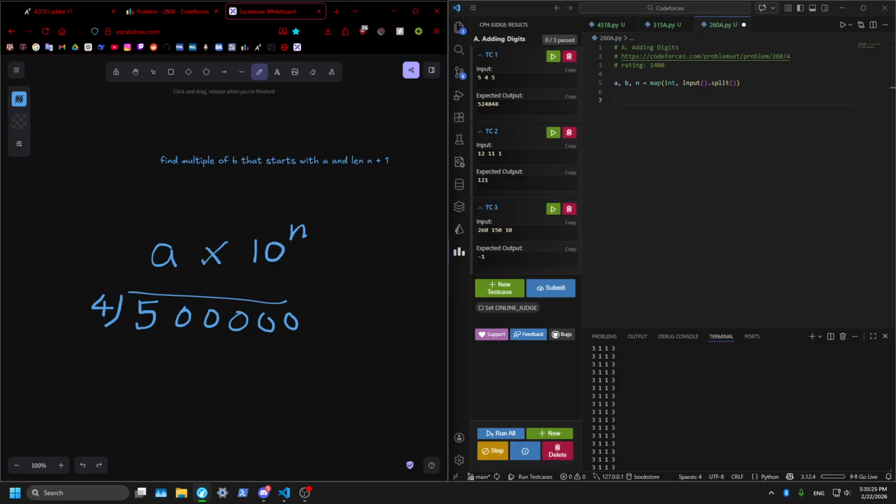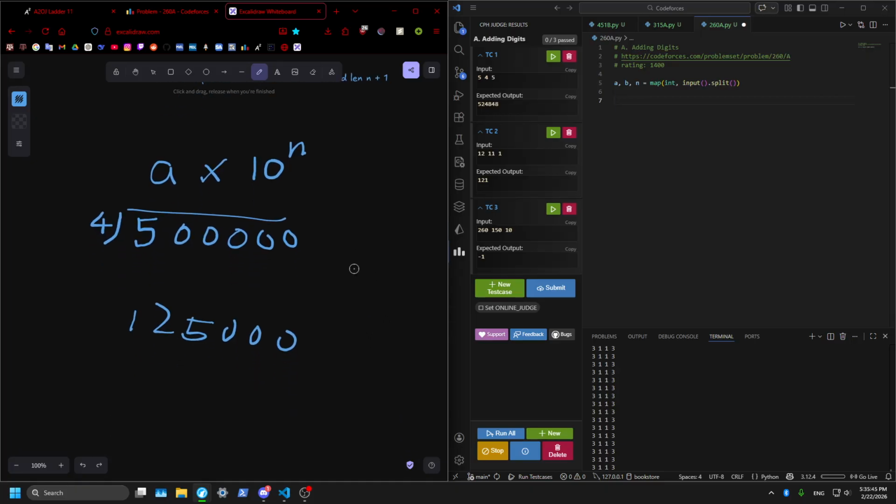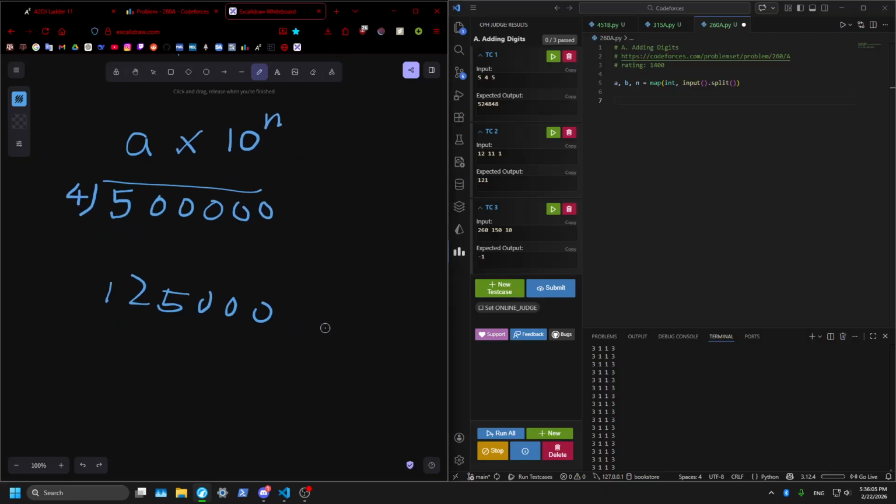Okay, I don't actually need to do math because I have computers to do it for me. 5,000,000 divided by 4 is 125,000. So I can do 125,000,001 times 4. That should be a valid answer.